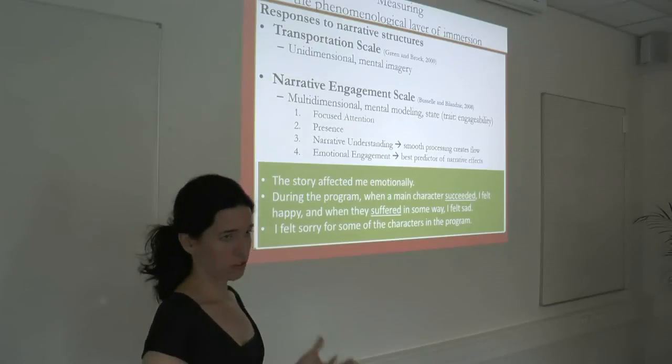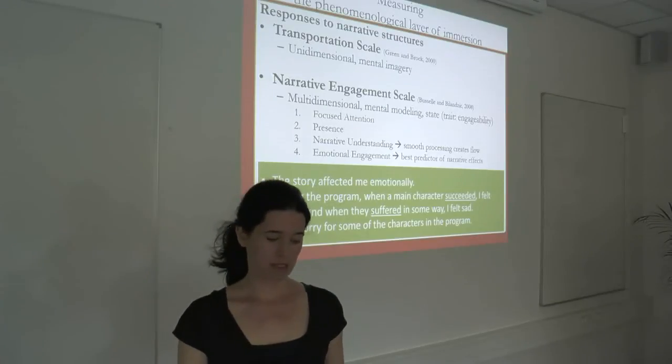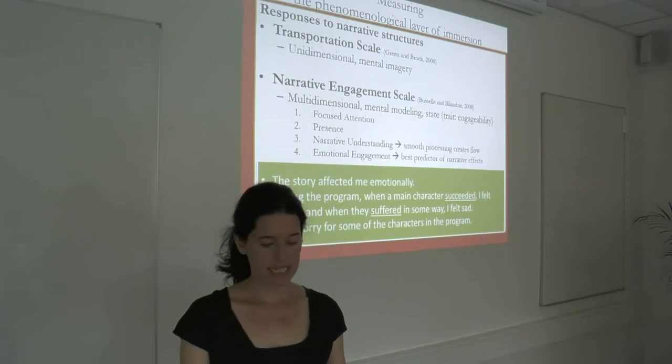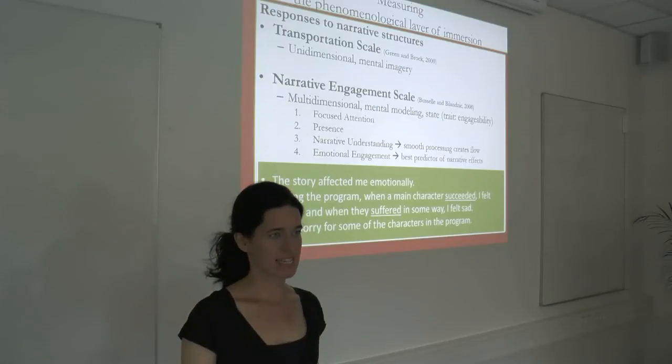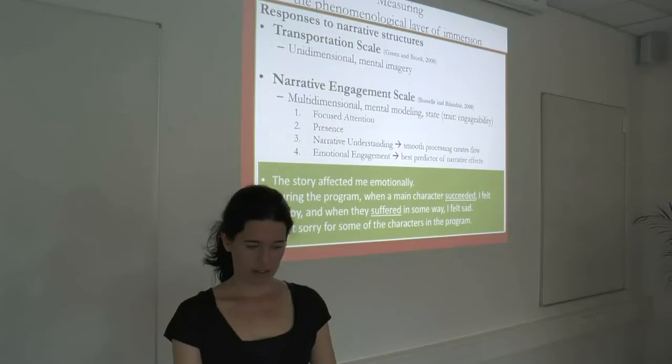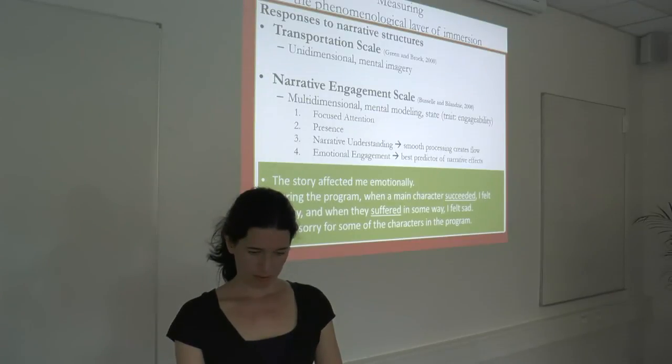So we could not really use the emotional engagement subscale, because theory of mind was really hidden in these items. And as I said, we were interested in the psychological layer of theory of mind.